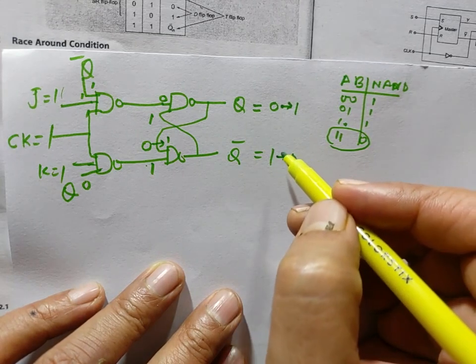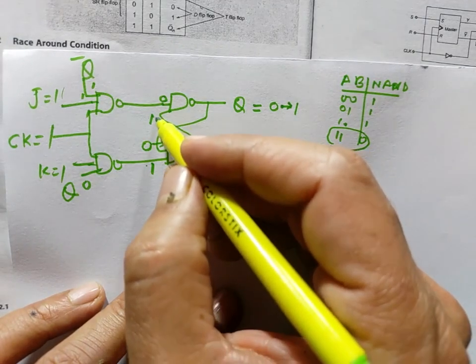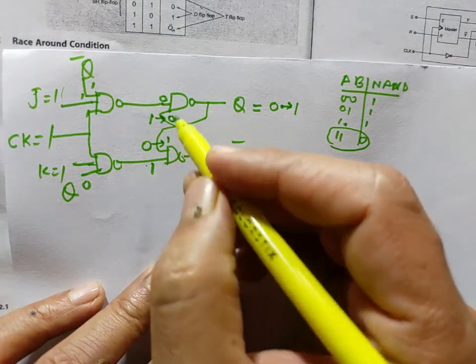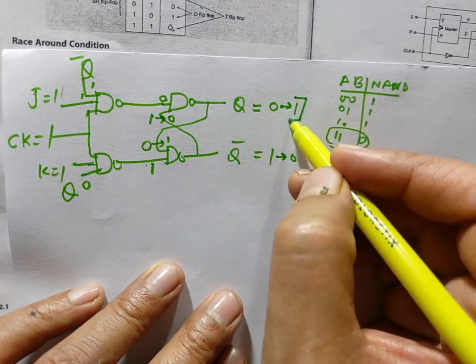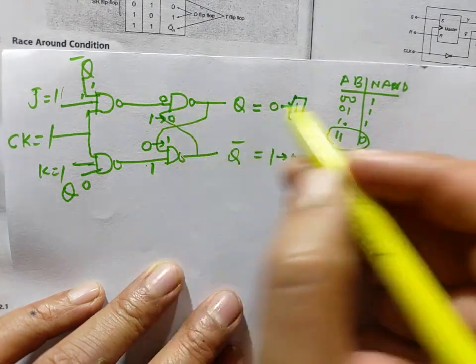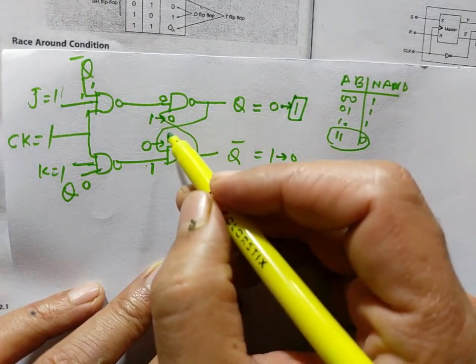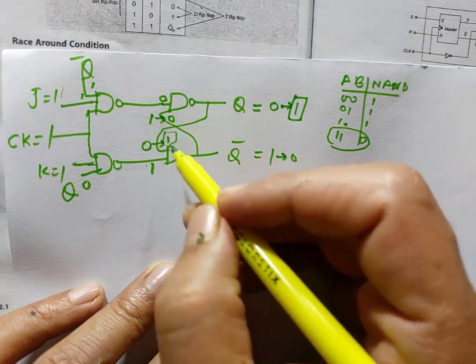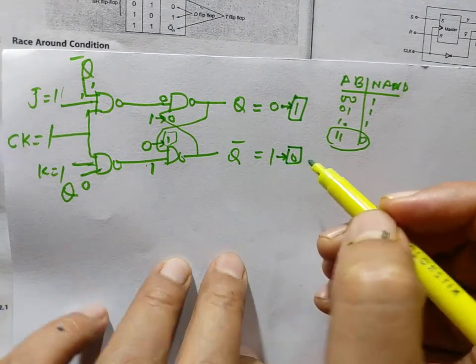Now let us analyze. This 0 will be here, reaching here, making this state 0. A 0 and a 0 will be 1, so this will hold at 1. This 1 is fed back here, and a 1 and a 1 will give you a 0. This is held like 1 0.